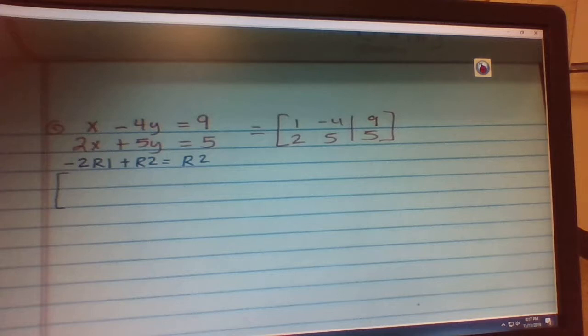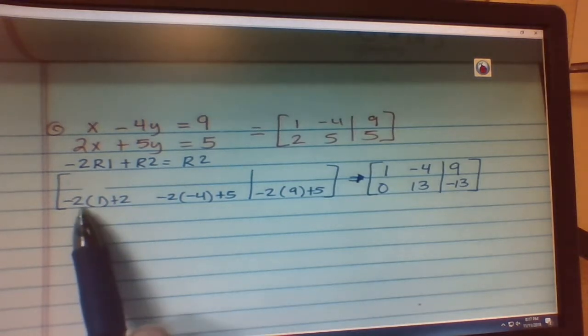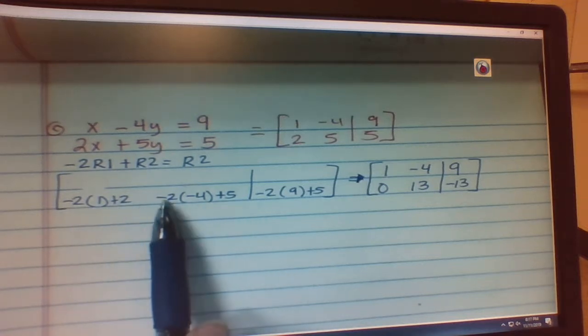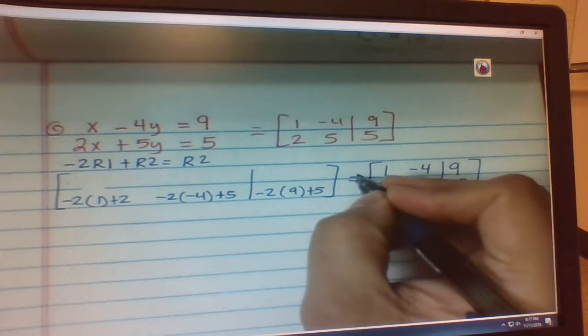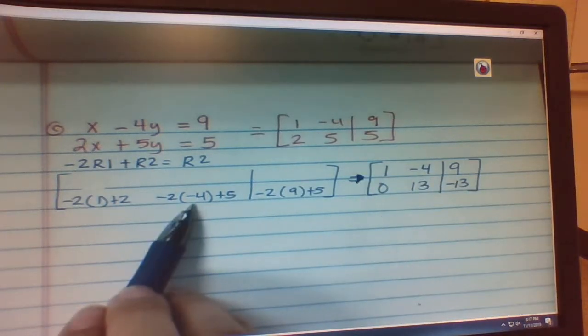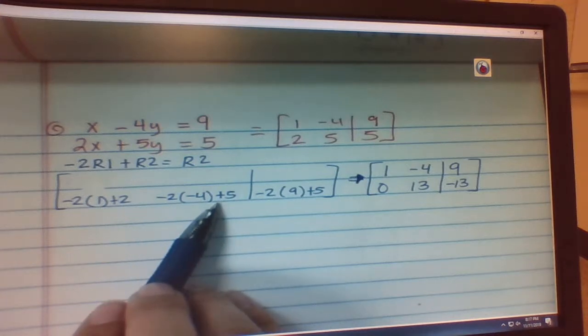All right, so this is what I have. Check your work. Does this look correct? -2 times row 1 plus row 2. 2 times -4 is a +8, and 8 plus 5 is 13.